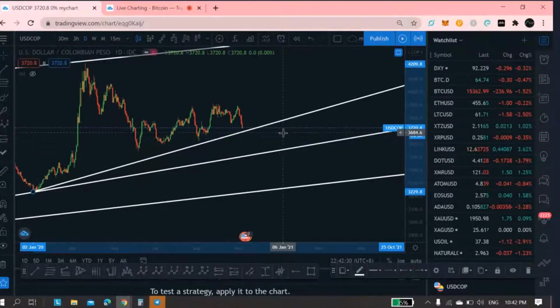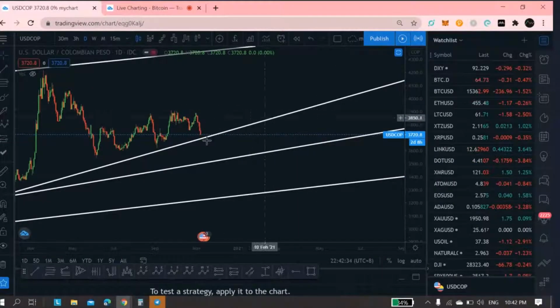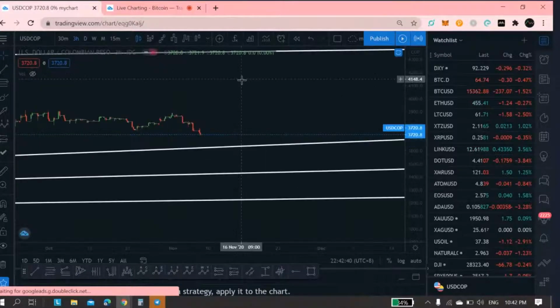Since it's 5 bearish candles, I will wait for the reversal. But anyway, let's just move and check the lower time frame, the 3 hours time frame.